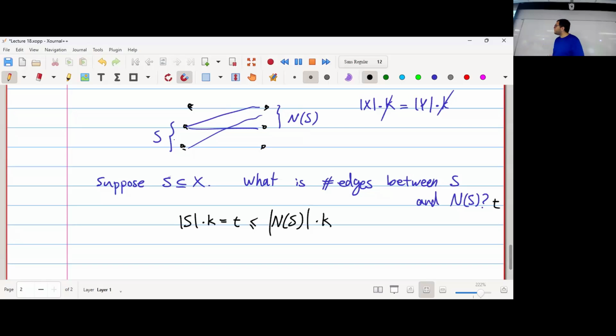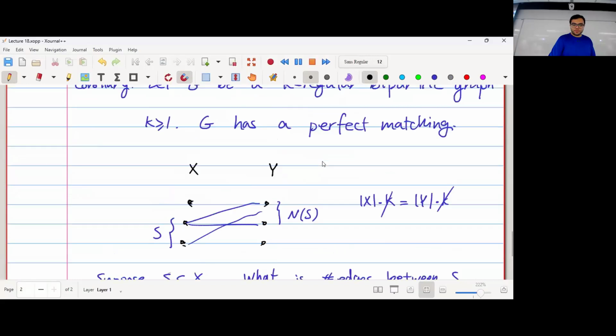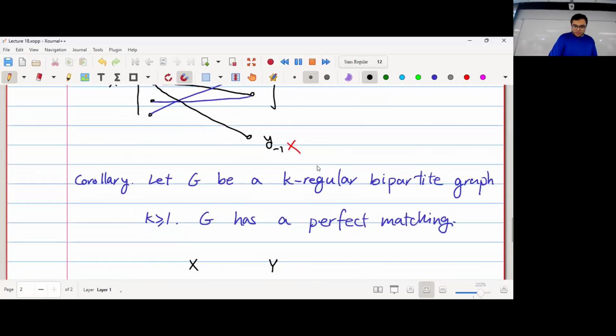Now, again, we have what we wanted, right? So S times K is less than or equal to N of S times K. So the size of S is less than or equal to the size of N of S. And that's exactly the condition that we wanted. Okay, great.